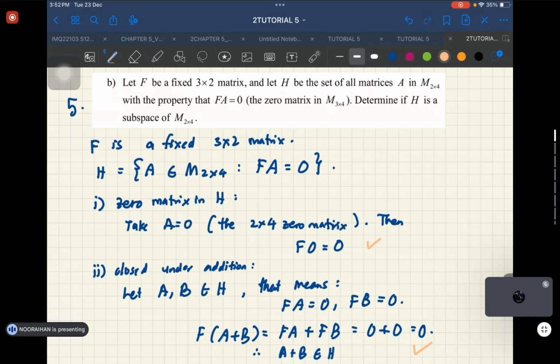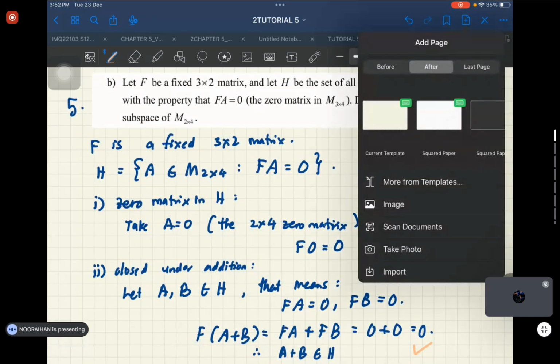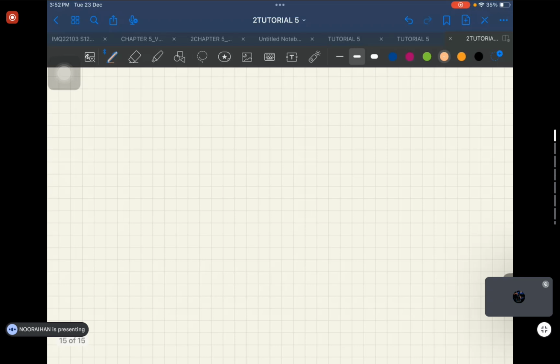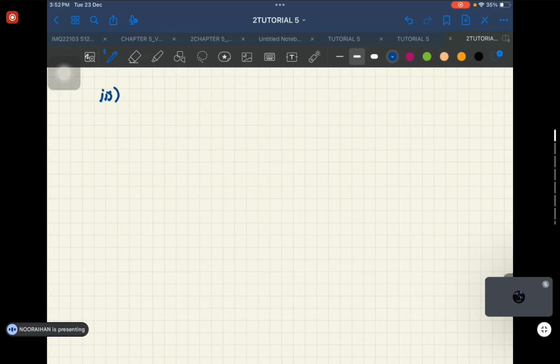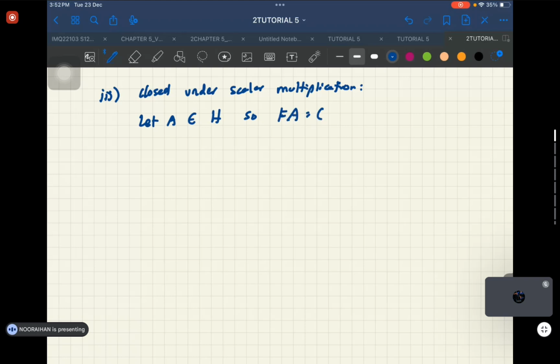Okay, let's look at the third condition, closed under scalar multiplication. Okay, let A be an element of H. So FA is equal to 0.